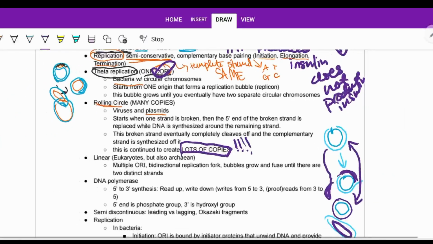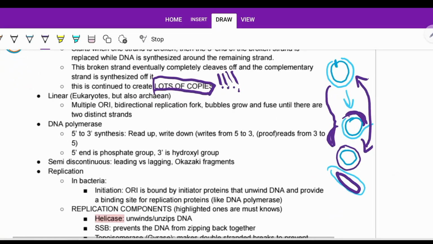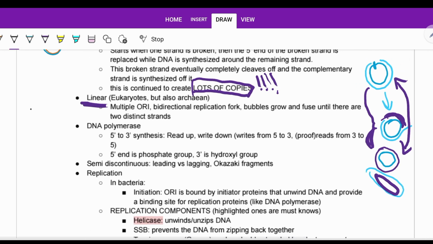All right. So then we have linear, which is the one that eukaryotes use. That is when we have a linear piece of DNA, and a bunch of replication bubbles will form on it, and they just get bigger and bigger until they merge together into two strands of DNA.